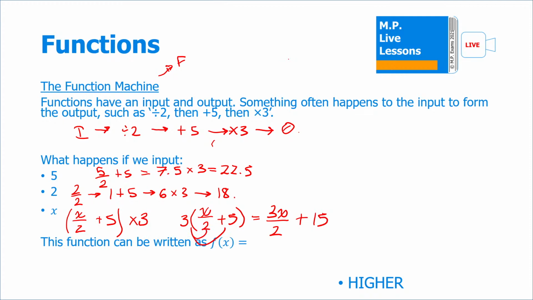So this can actually be written as a function of x. If we input x, we get this, 3x over 2 plus 15. And f of x is basically our output. x is our input.